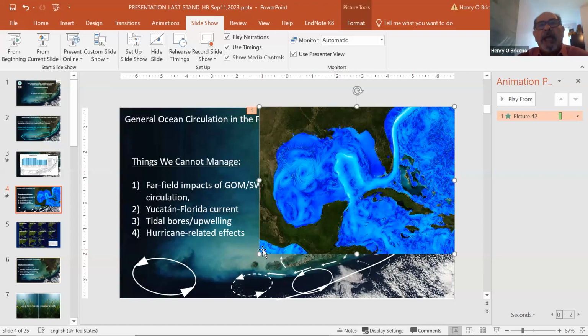So anyway, that's something that we cannot control. So we'll have to put up with whatever the system brings us here. Things like sargassum, which come with all these currents, and it's not produced here. It's not produced in the Keys, but comes to our shorelines. So those are things that we have to see how we protect our ecosystem from, but there's not too much we can do.